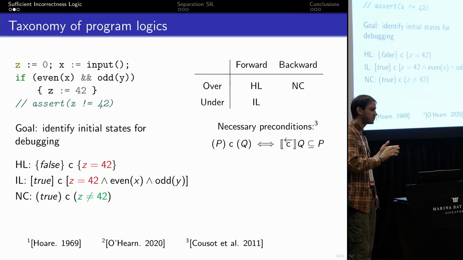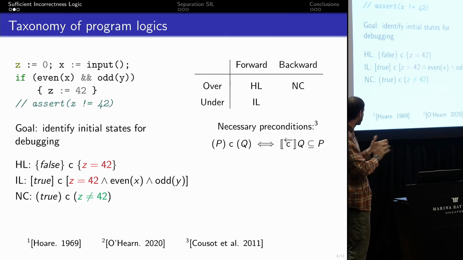It has some better properties because of its backward nature, but it still doesn't capture the property we're looking for, because for technical reasons, for necessary conditions we want to consider the set of good states, so z different than 42, but still you can see that the precondition is true, so it's not highlighting the thing that we are interested in.